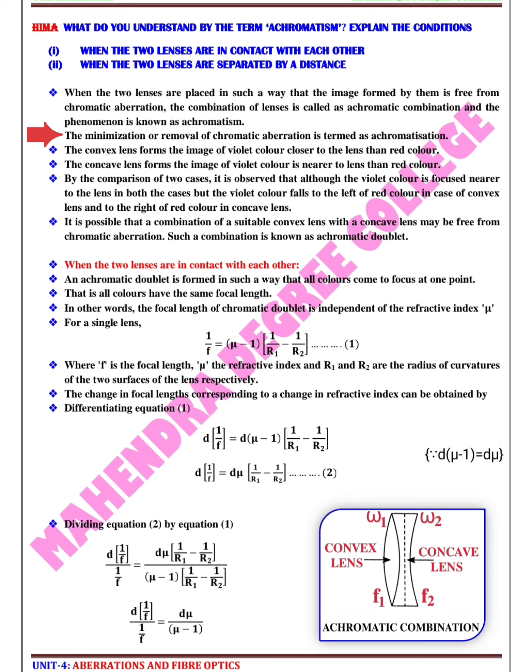Achromatization is the name of the process used to fix this issue. In very simple terms, when a lens causes colors to blur or separate, we say it has chromatic aberration. When we correct or reduce this color error using a special lens combination, that correction process is called achromatization.